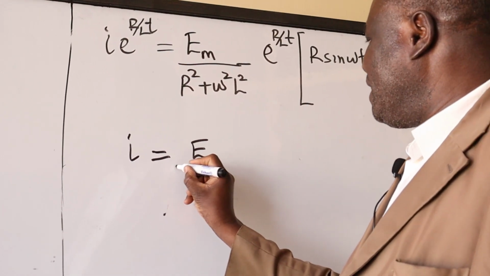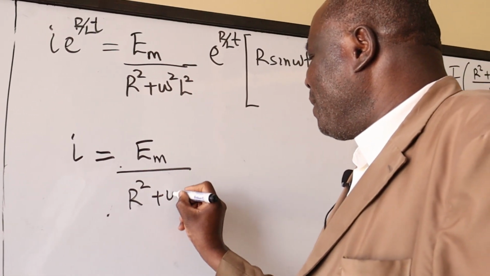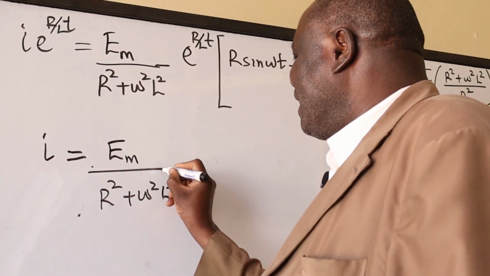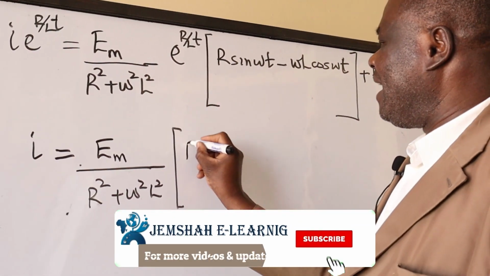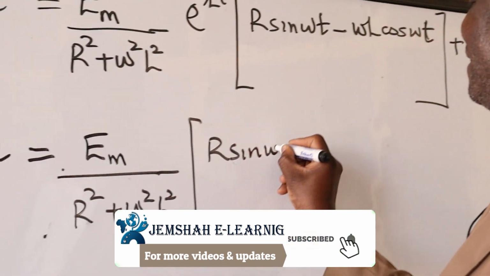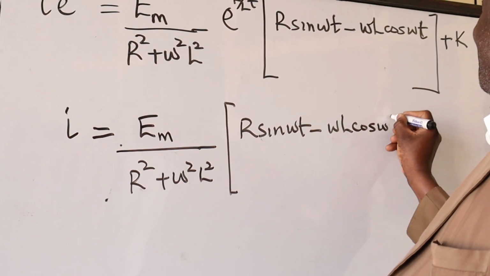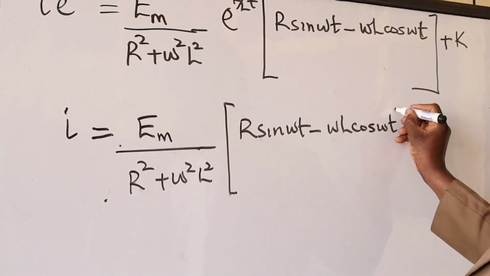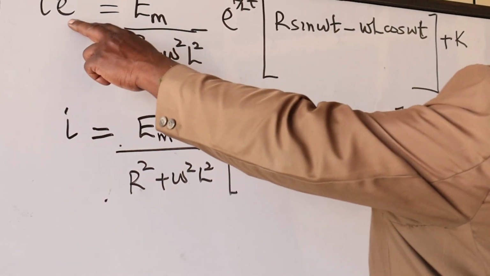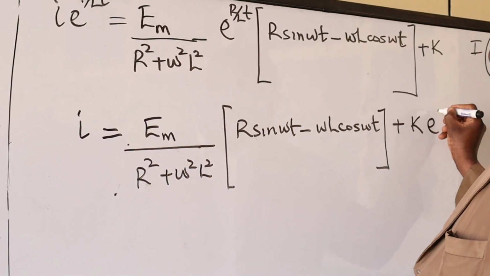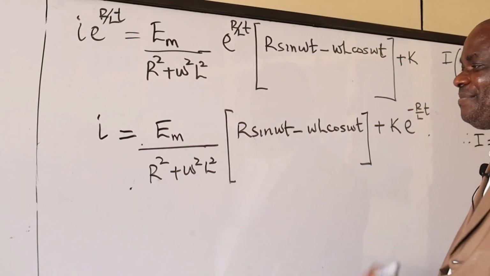So I is Em all over R squared plus omega squared L squared into R sine omega t minus omega L cos omega t plus K. K divided by this, we get K e exponential negative R over L t.